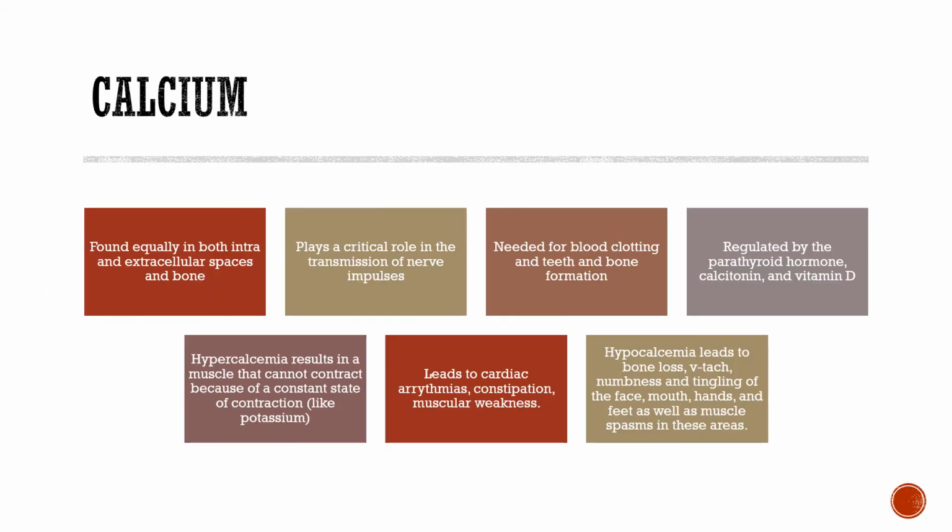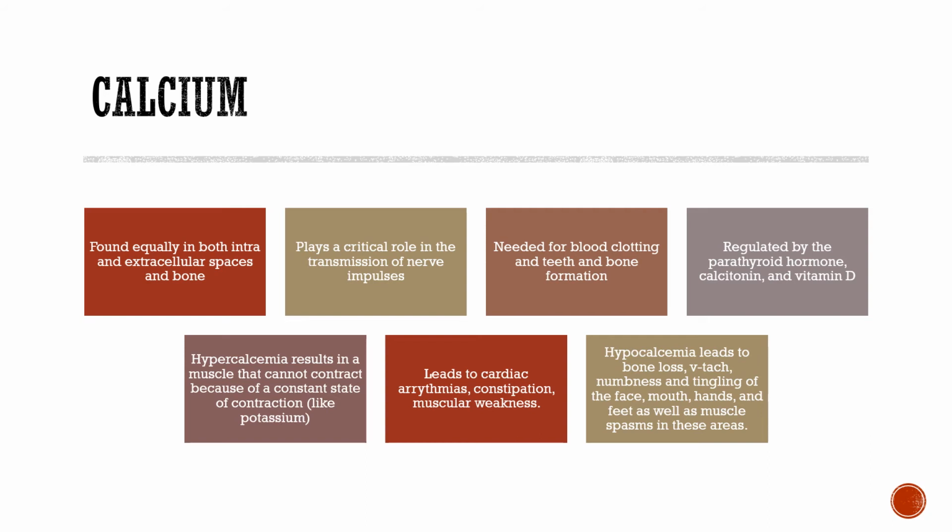And then we've got calcium. Calcium is a salt that's primarily used in the treatment or prevention of calcium depletion in patients whose dietary measures are inadequate. It's found in the body in both the intra and extracellular spaces, and we find it, of course, in the bone. It plays a critical role in the transmission of nerve impulses.